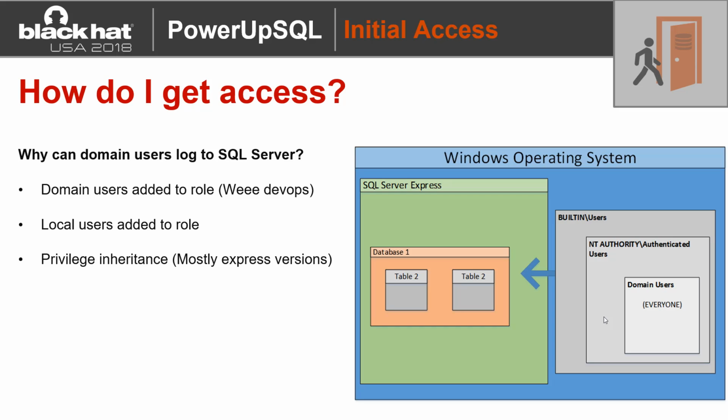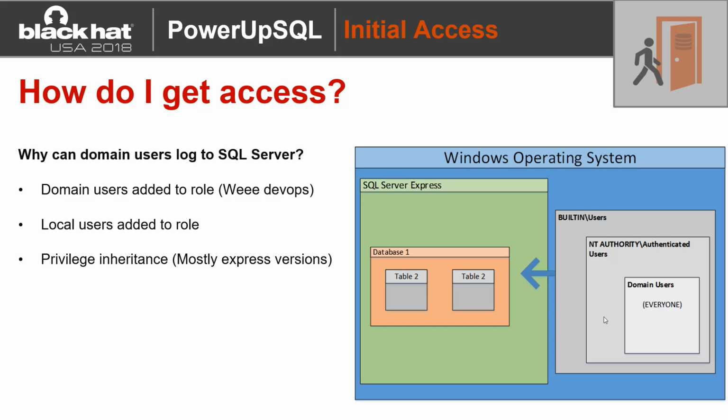All right, let's see here. One of the things that we see a lot of is that SQL Server instances that are Express version will allow you to log in. That's usually third parties, but sometimes dev groups, very, very common.